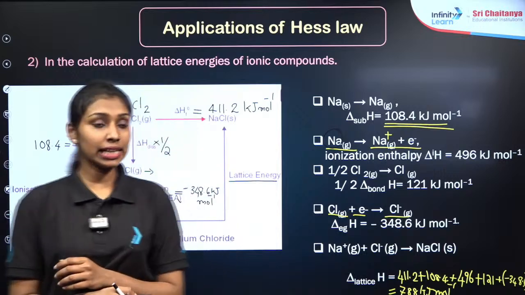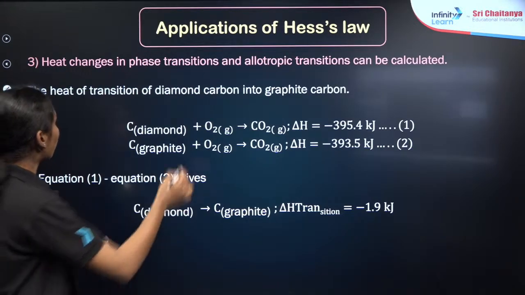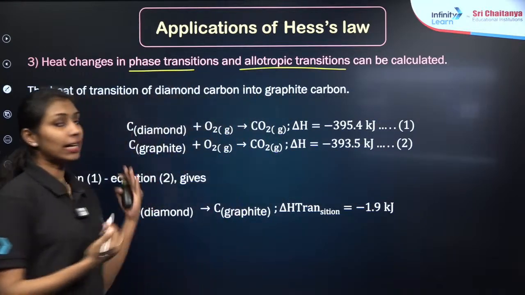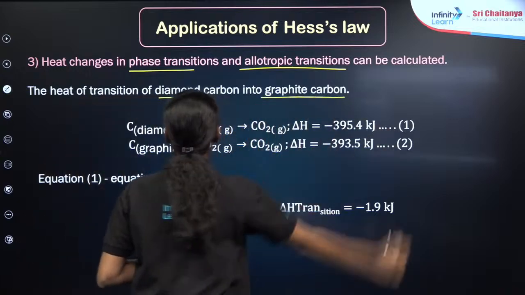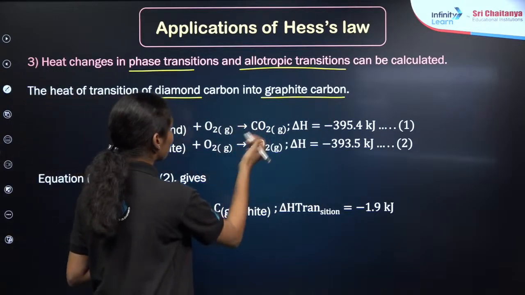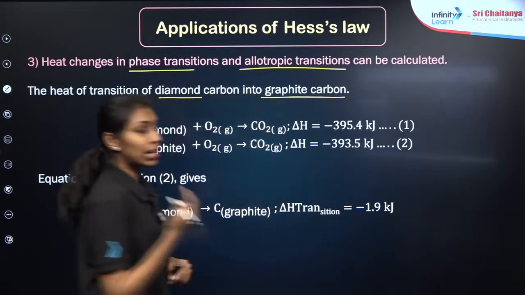Now we will be moving to the third application of Hess's law, that is the heat changes in phase transitions and allotropic transitions. Here we will be taking the example of diamond carbon and graphite carbon. Diamond carbon is undergoing combustion to form carbon dioxide, having the delta H value of minus 395.4 kilojoule.